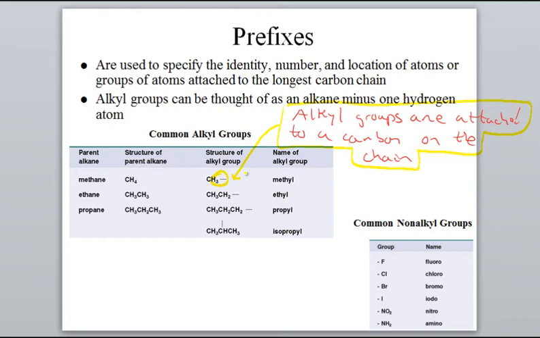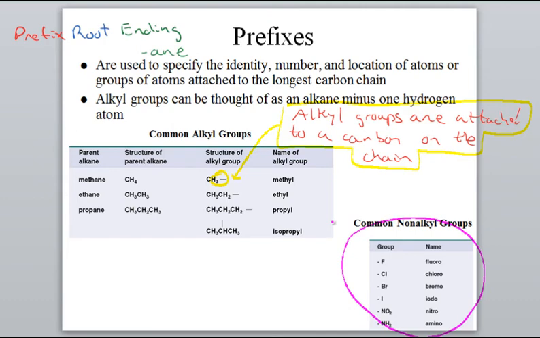There are groups that could be bonded to the carbon chain that are not carbon-based. You could have fluorine atoms, chlorine atoms, you could have NH2. They have different names. And if you saw any of these groups as part of your carbon-based structure, connected to the largest chain, those names listed there in the table would go under the prefix section. But for this exam, for this class, the only prefixes I want you to know are these 4.